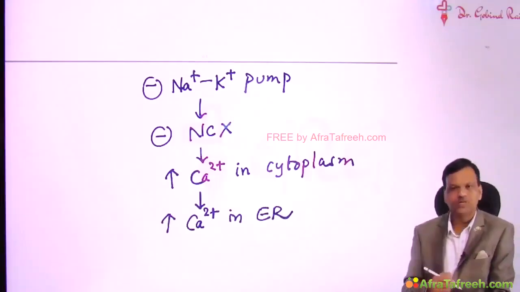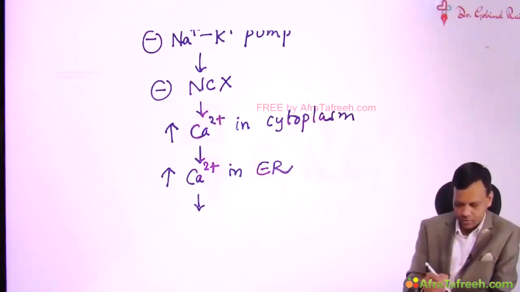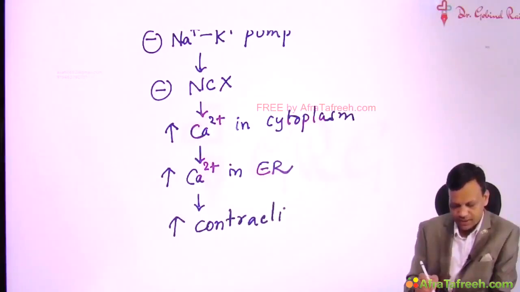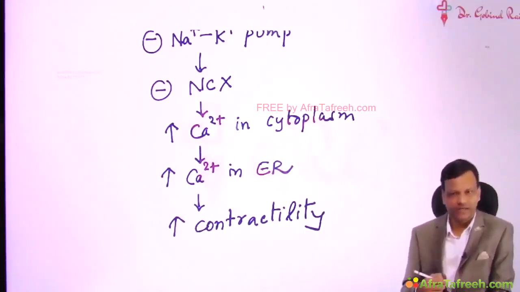More calcium in the endoplasmic reticulum will lead to increase in contractility, because that calcium will be released and cause contraction. So this is the mechanism of action of digitalis in congestive heart failure.